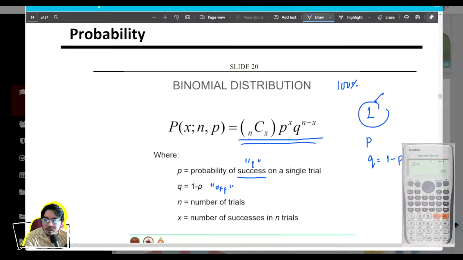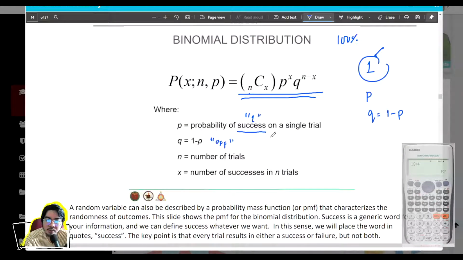So, if we take 100% certainty minus that probability of success, then we should have the probability of failure. Okay? So, all right. So P is success or on, Q is failure or off. Right? Tapos N is the number of trials. Tapos X is the number of successes in N trials.